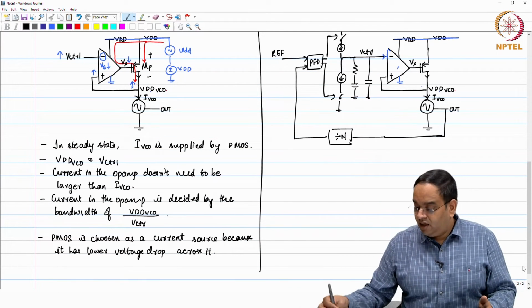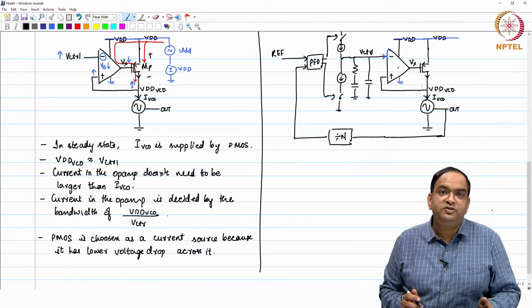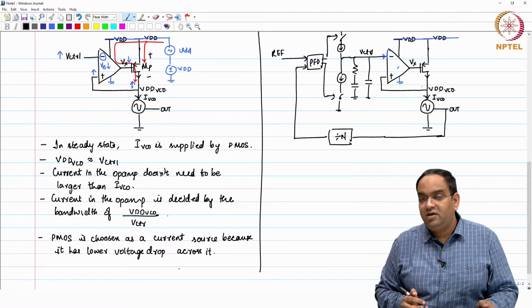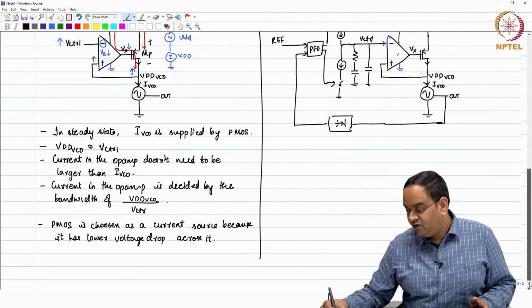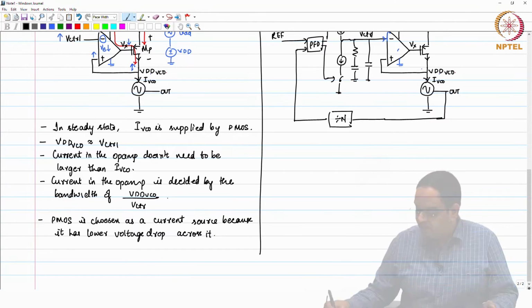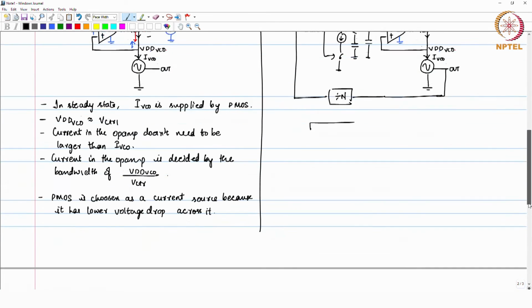Okay. Now, we want to see how this op-amp is going to suppress the noise. So, we need to know the internal structure of the op-amp. We will go with a very simple design of the amplifier. So, let me look at it. So, here is a simple op amp. There are two options for this op amp, because we are looking at only simple amplifiers, not any complicated ones.